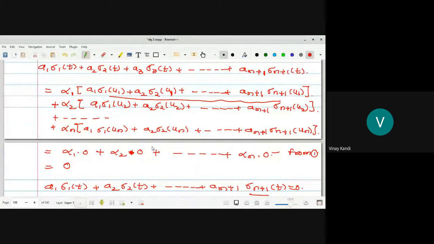Now the next point is elementary symmetric function of the elements of the field. Okay, look at here.